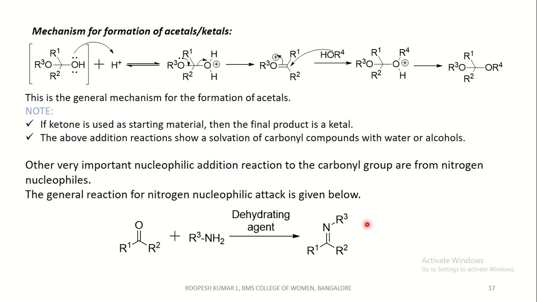Let's see the mechanism for formation of acetals. This is a hemiacetal; a lone pair on oxygen takes a proton to form the corresponding oxonium ion. Then lone pairs on the ether oxygen form a double bond with the elimination of water to give the corresponding product. This reacts with an alcohol, that is, the lone pair attacks this carbon, which neutralizes the positive charge on oxygen to form the corresponding product.